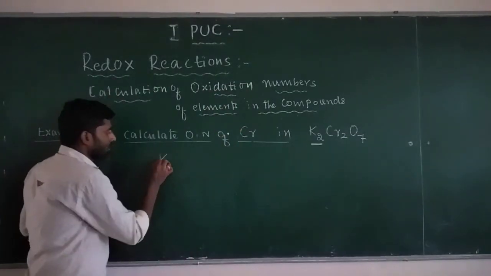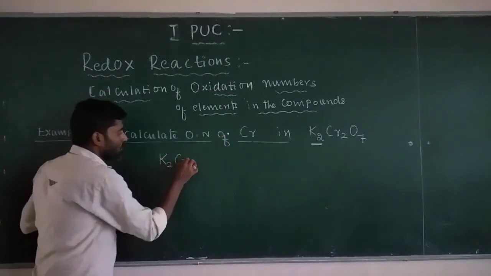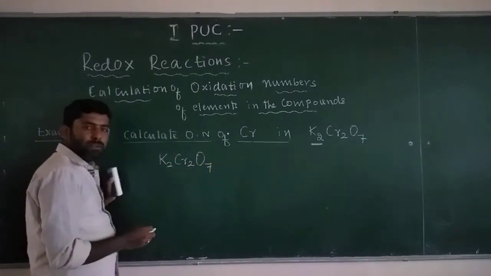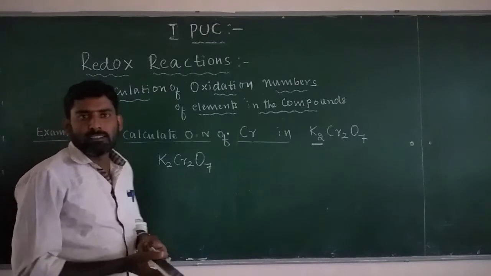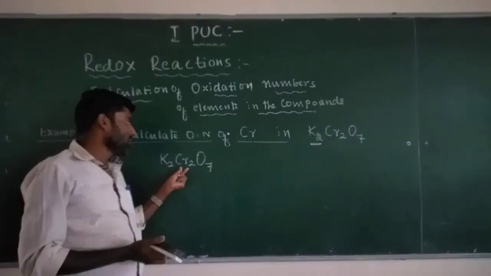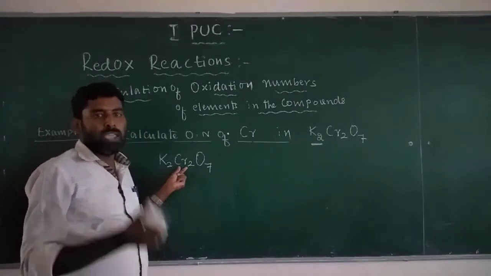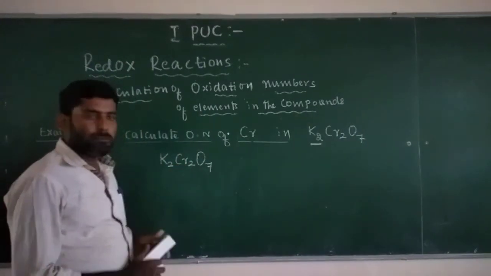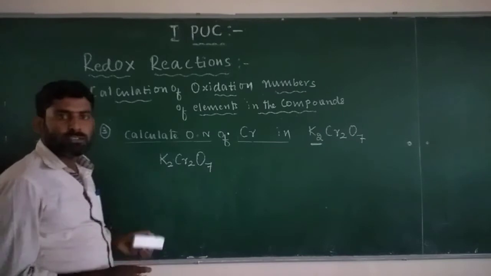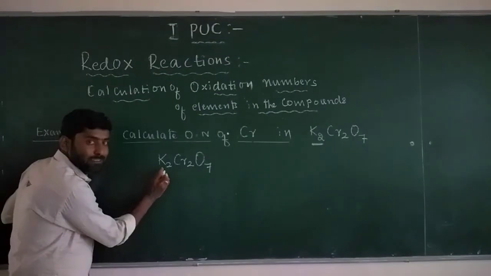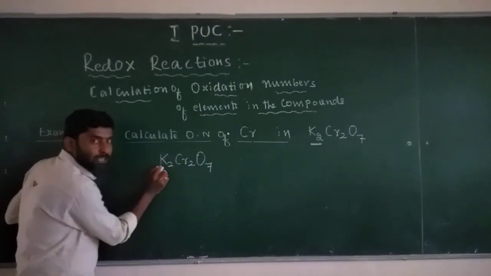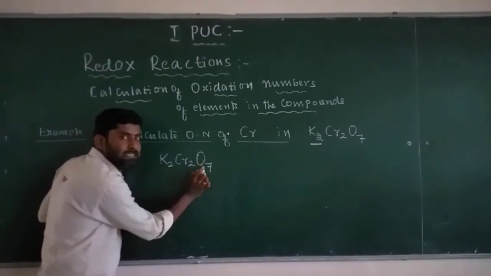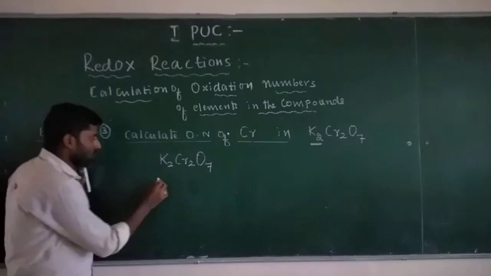So take the given compound K2Cr2O7. In the rules we did not discuss the oxidation number of chromium. So we have to find the oxidation number of chromium in K2Cr2O7 using the oxidation number of alkali metal potassium and the oxidation number of oxygen, that is -2.